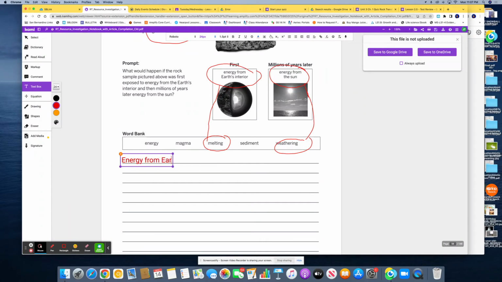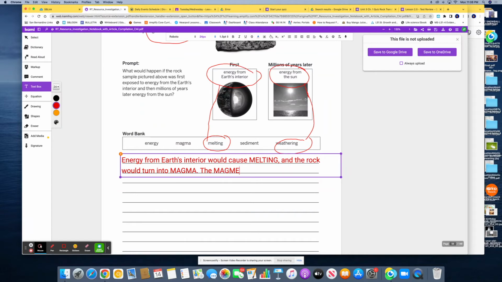Energy from Earth's interior would cause melting. And the rock would turn into magma. The magma would cool and turn into igneous rock.